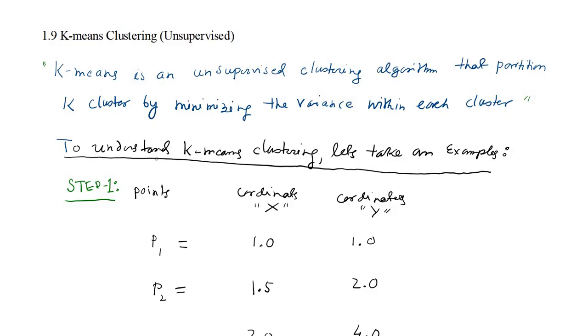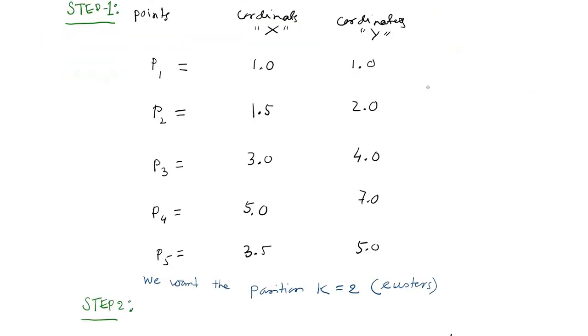To understand k-means clustering, let's take an example, which is given as follows. In step 1, let's consider certain points like P1 to P5, and each of these points has a coordinate x and y.